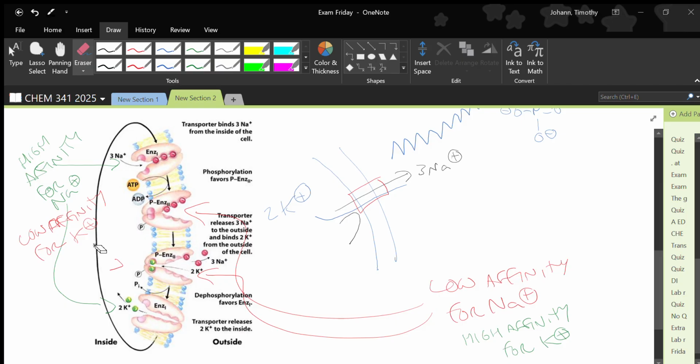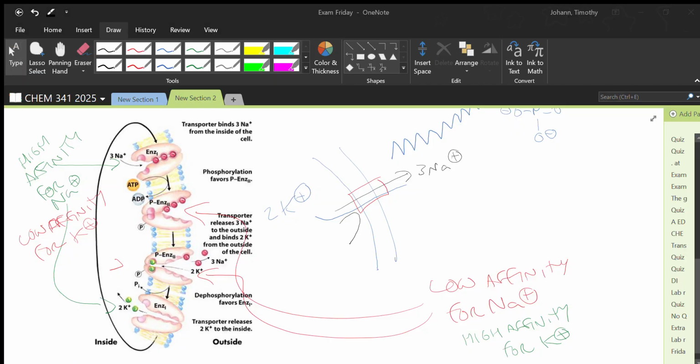Questions? Okay, let's go back to one of those exams that is going to have a secondary active transport question on it, I think. Is it this one? I'm looking for a pretty picture of a membrane. I'm not seeing it. So maybe let's look at the other exam real quick.